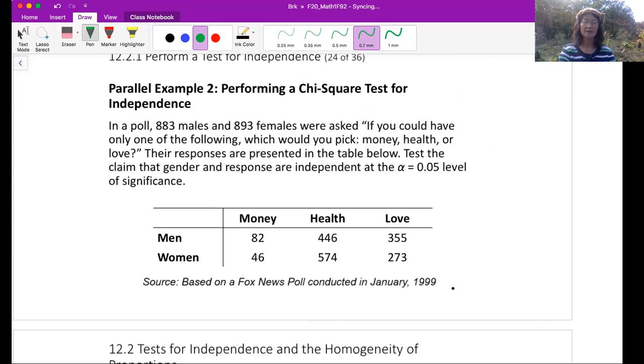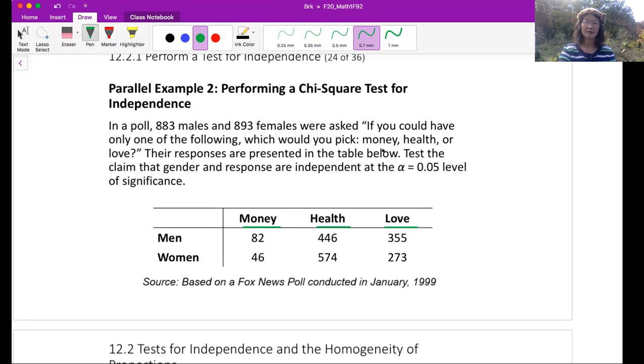So now let's do the hypothesis test for the example we have seen before. This table, among money, health, love, which one would you choose? This is the survey result.